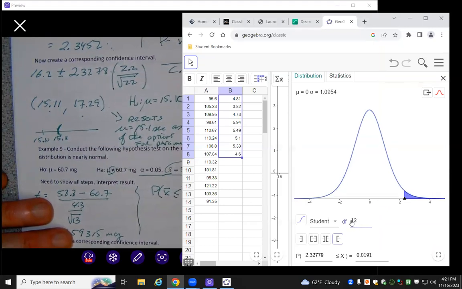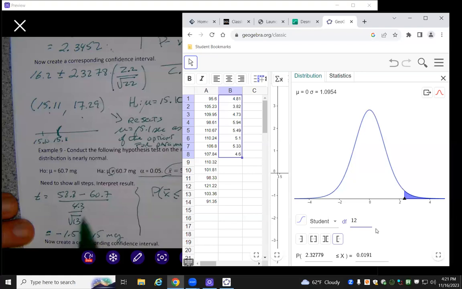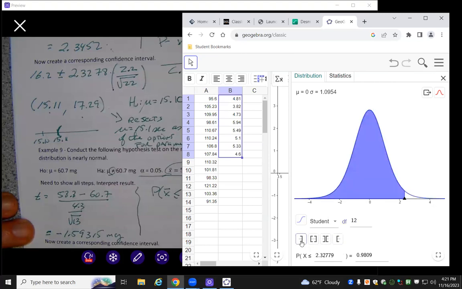Typically, the sample sizes for means are small, and it all really depends on your standard deviation. Remember, the margin of error also depends on the population standard deviation. So if the scenario doesn't have a very big standard deviation, the sample size will not have to be that big. So I got 12. I'm going to the left, so I'm going to click here, and my t-value is negative 1.59315.